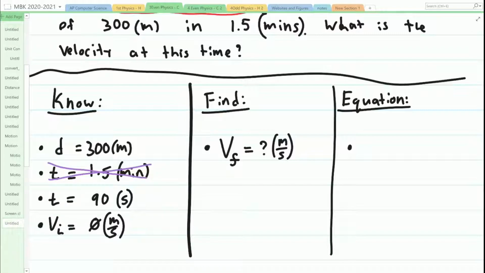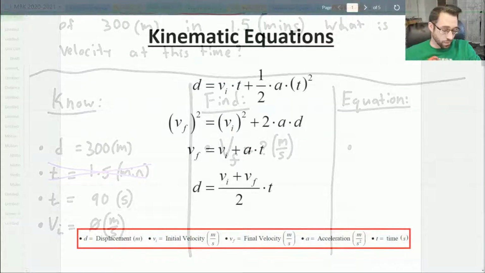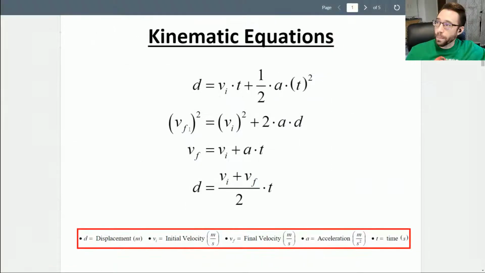If we look at the equations over here, I need an equation that has displacement, initial velocity, final velocity, and time. So which one of these equations has all 4 of those variables? Equation 1, equation 2, equation 3, equation 4. Yeah, so it'd be the 4th one.